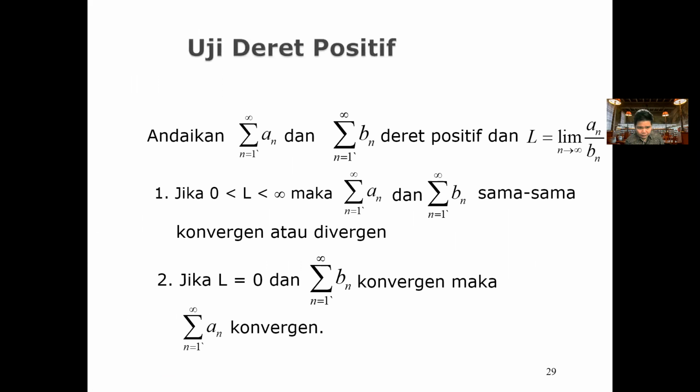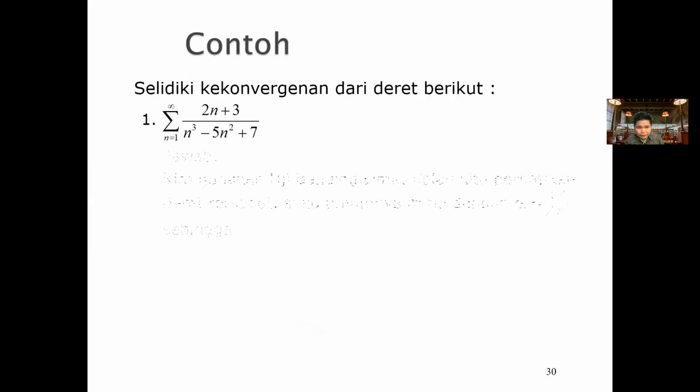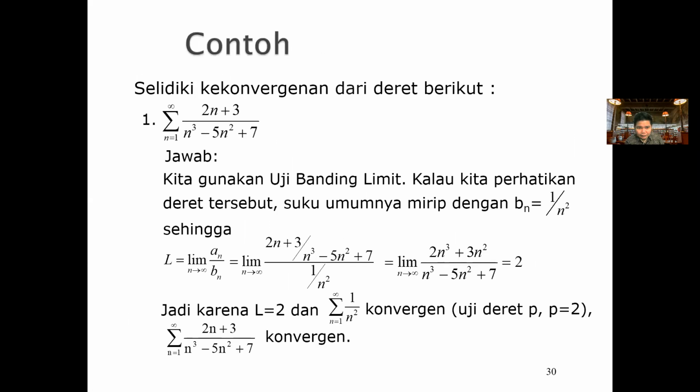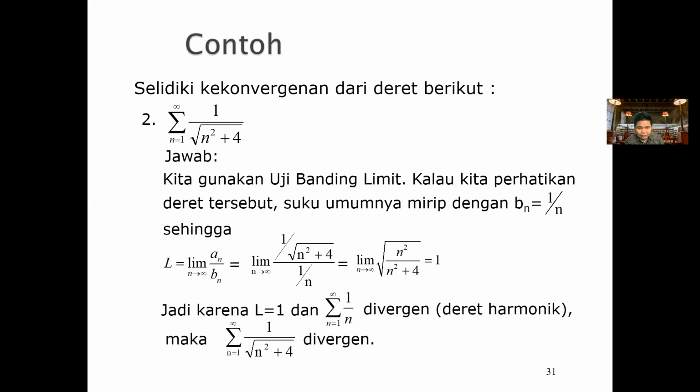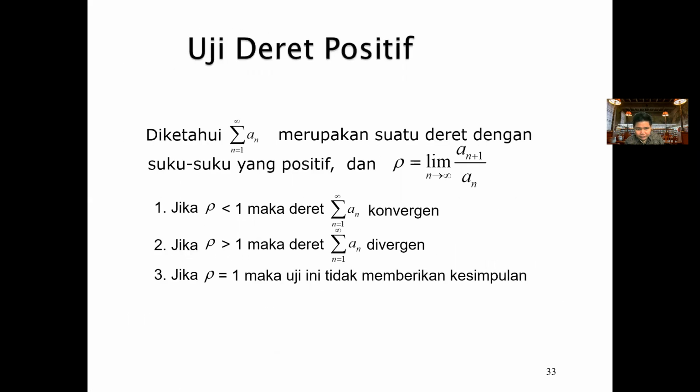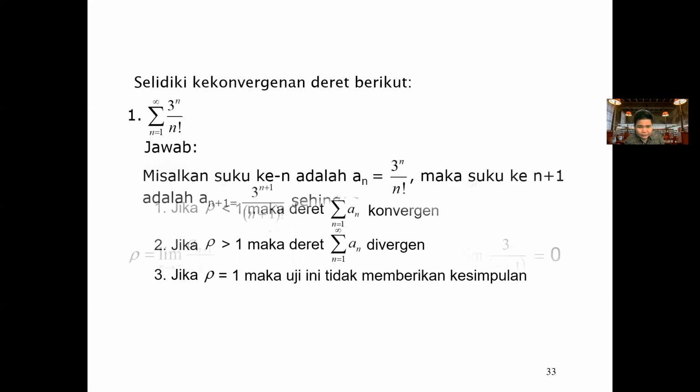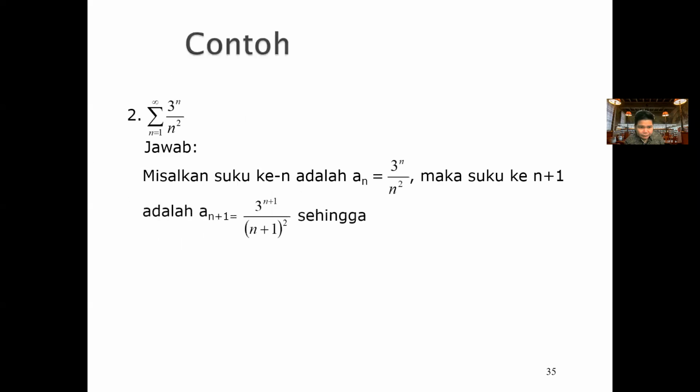And then the fourth one that we discussed today is the limit ratio test. And then this one is number 5, what we call the ratio test. This is just some example.